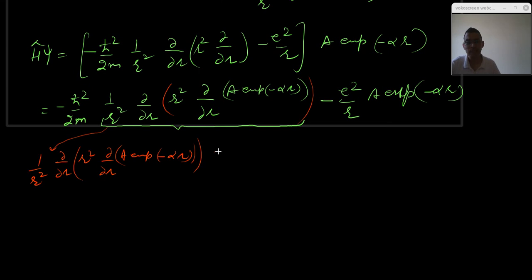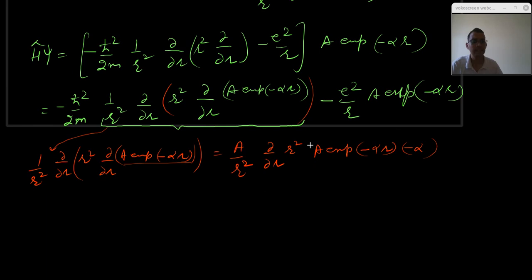A can be taken outside, so A over r square ∂/∂r, with r square remaining as it is. Then I have to take the derivative with respect to r, so it is exponential minus alpha r, and minus alpha comes out.